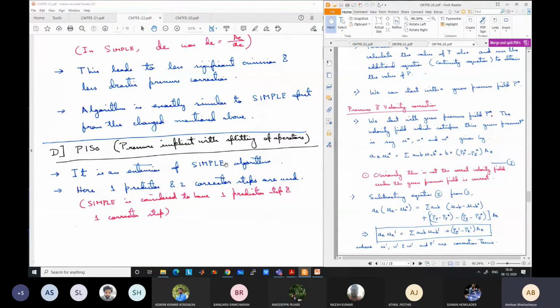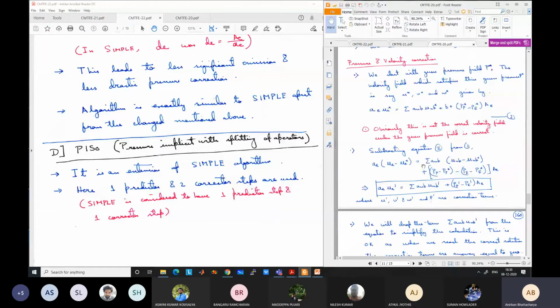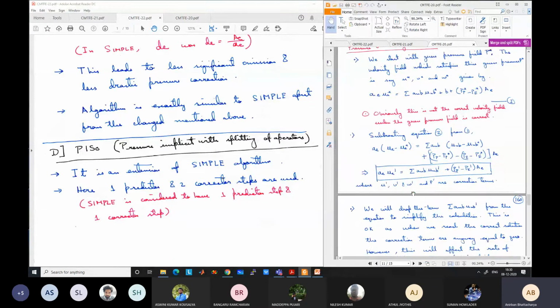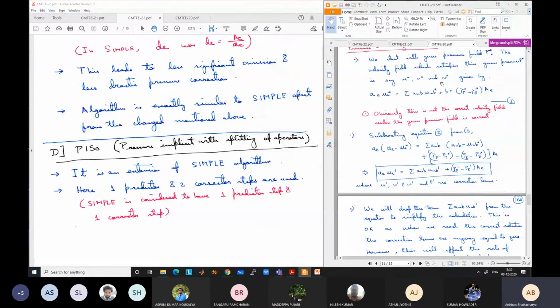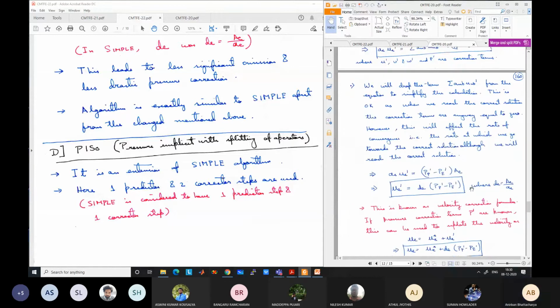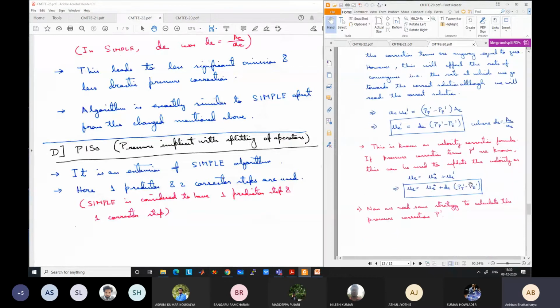Then what is the corrector step in SIMPLE? The subsequent part is the corrector step. Because you have obtained the incorrect velocities U star, V star and W star, we devise some strategy so that we can add something to these star velocities to update the velocity. In SIMPLE, we added a pressure correction difference: U star plus d times (Pp dash minus Pe dash).